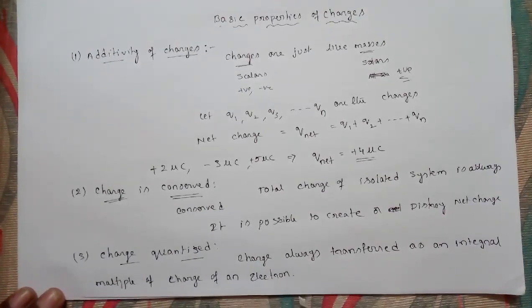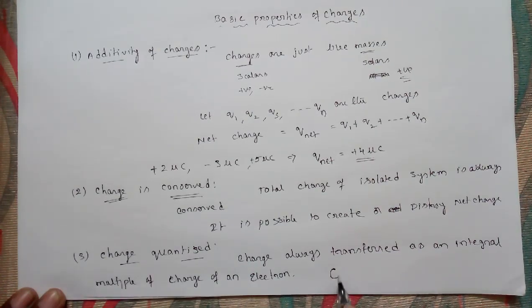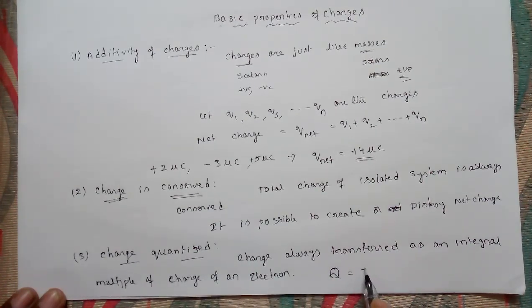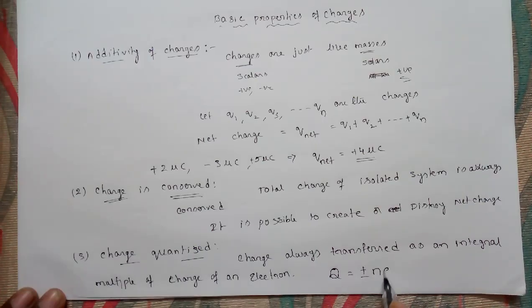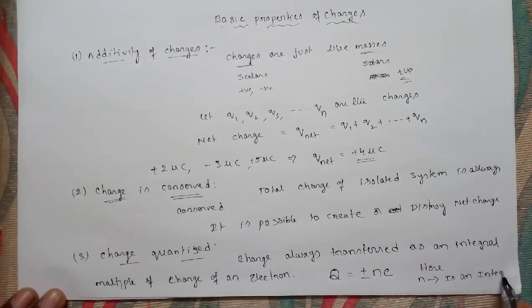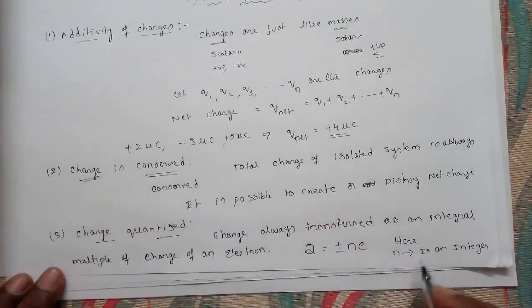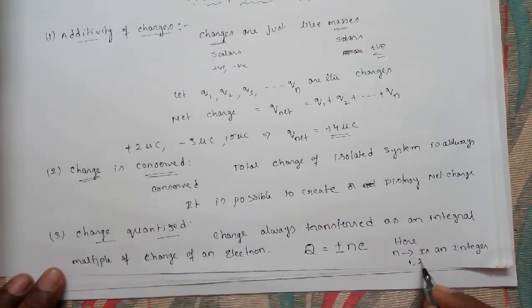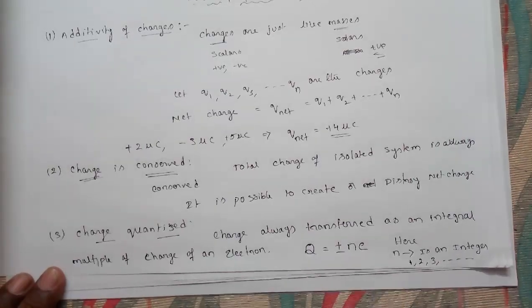That is the fundamental charge of an electron. We can write charge as Q equals plus or minus Ne. Here N is an integer, that is N equals 1, 2, 3 and so on.